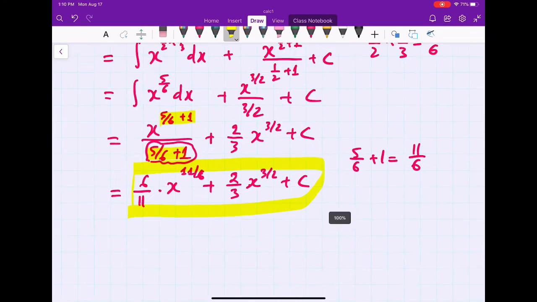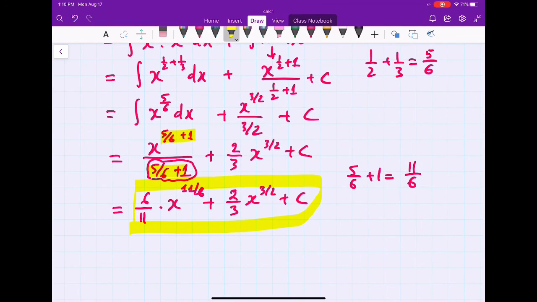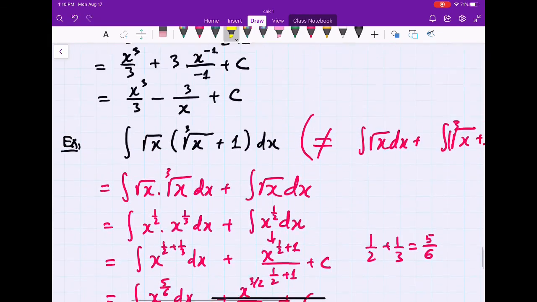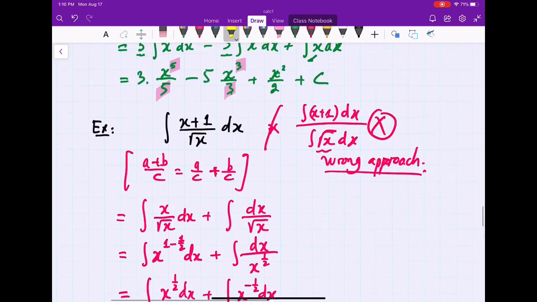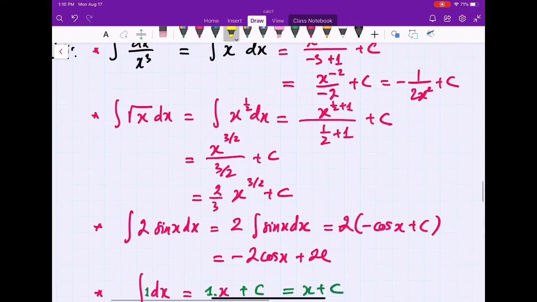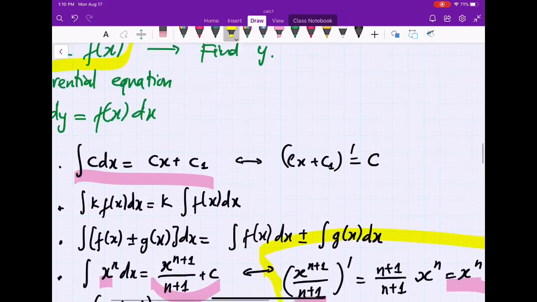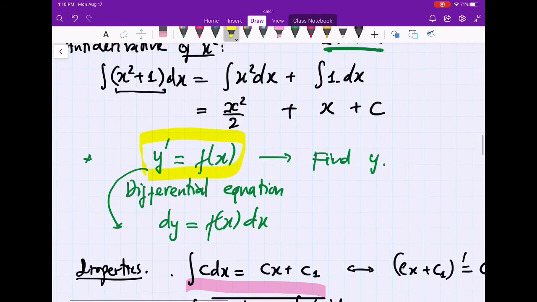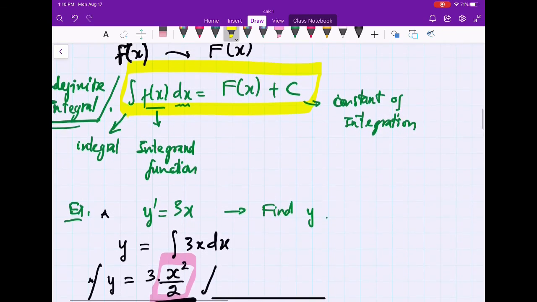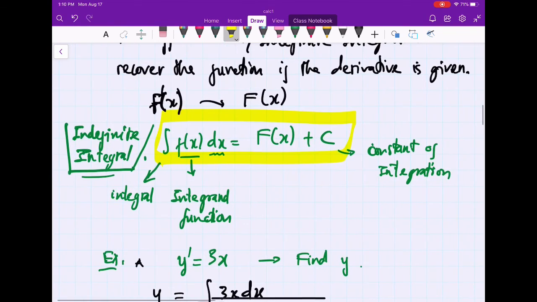So I think the most important thing in this video is that we understand what an antiderivative is. If a function is an antiderivative of some other function, you just add a constant to that function, and you get a family of antiderivatives. Does that make sense?